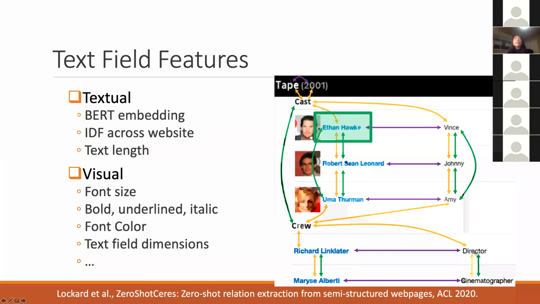And also the text length. Normally, if it is a very long string, it is less likely to be the attribute name. We also look at the visual features, such as the font size, color, the text field dimensions, whether this is bold, underlined, in italic, and so on and so forth.